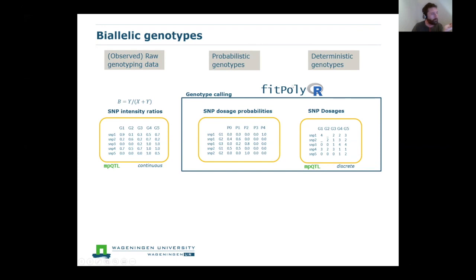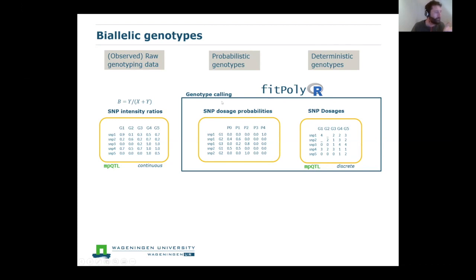Then these data usually, at least in this pipeline, are used to be analyzed to call the dosages. That's done by FitPoly. Well, there are also other software, but this is what we have developed in our department.